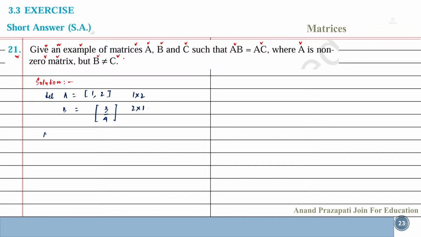So here will be A product B equal to 1 into 3 plus 2 into 4. Then we get here 3 plus 8 equal to 11. Hope there is no problem to understand up to this step.